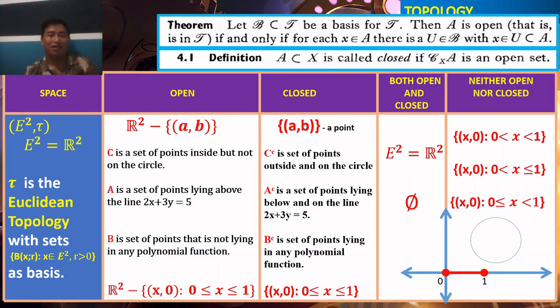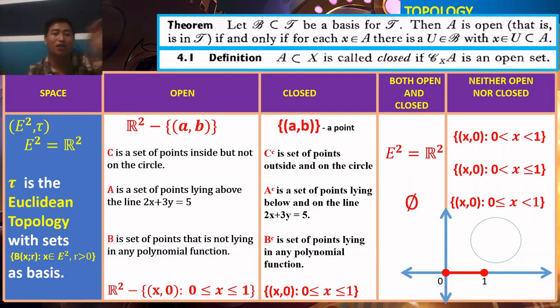Diba class, kung makreate kag open ball nga dool sa line or bahalag mo intersect siya sa line, intersect ka na siya at one point. Pero katong point, again, dili siya apil sa ato ang open ball nga U nga element sa B, ang basis.